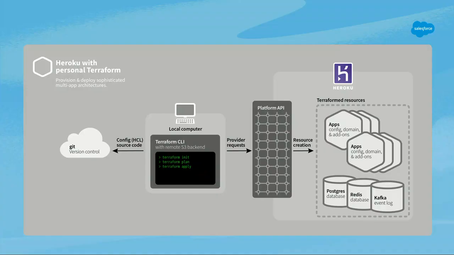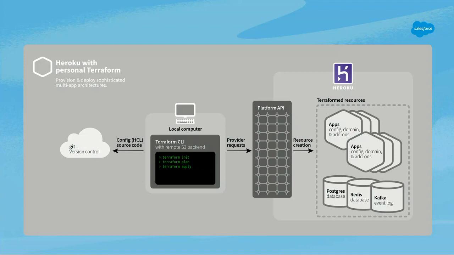All right, so I'm just going to jump right into what it looks like to actually use Terraform with Heroku. This diagram is the naive, let's just get started approach. It's really easy to download Terraform and install it on your own computer. What you see in this diagram is a local computer where we run the Terraform commands.